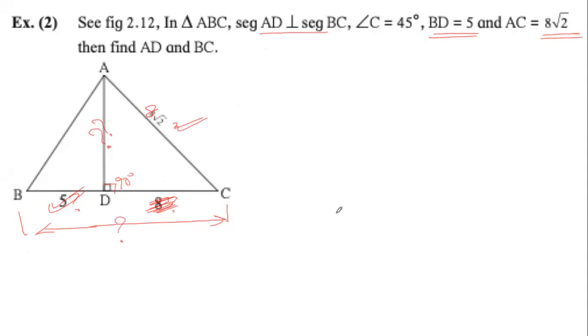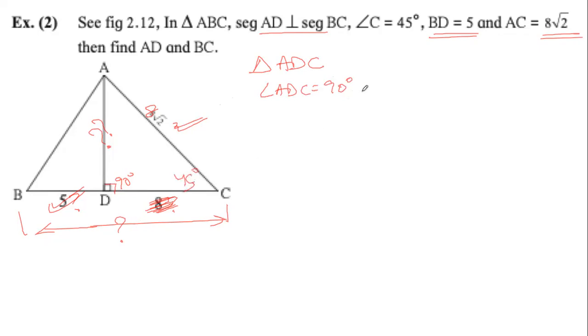Now we have to look at a smaller right angle triangle, which is triangle ADC. In triangle ADC, we clearly see that angle ADC equals 90 degrees. What is given is angle C equals 45 degrees.